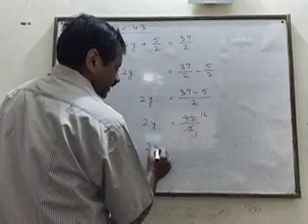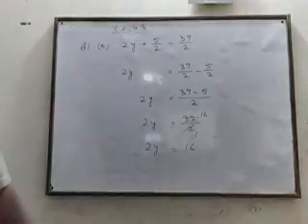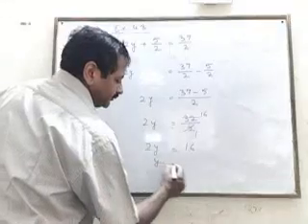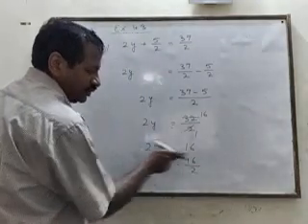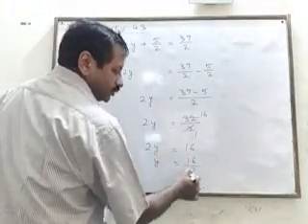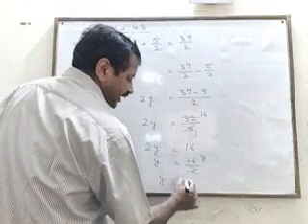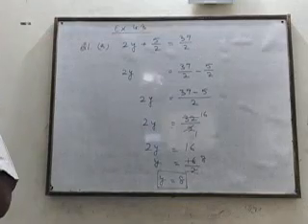So 2y equal to 16. Now you shift this 2 to that side. y equal to 16 upon 2, because it is multiplying, it will go in the division. 16 upon 2, 2 8 ja 16. So y equal to 8 is the solution of the equation.